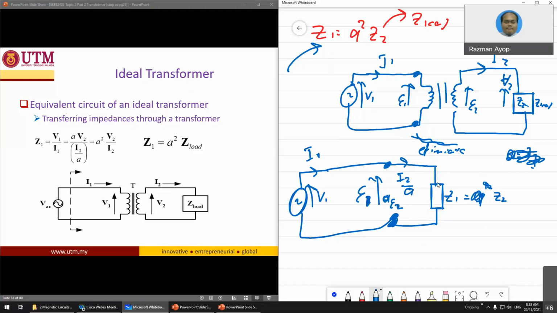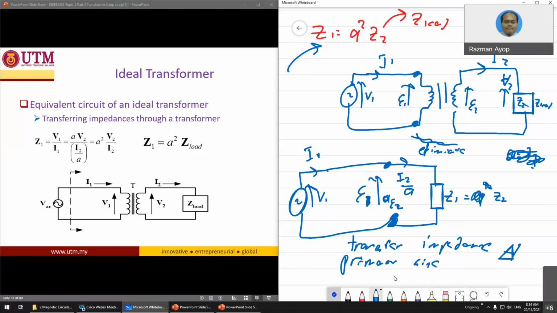Make sure you know the relationship, how to transfer this to the primary side. So basically, this is transferring impedance. If the question asks you to transfer the impedance, you do this. This is transfer impedance to the primary side.